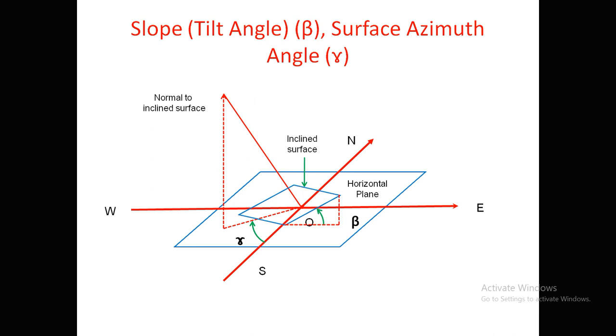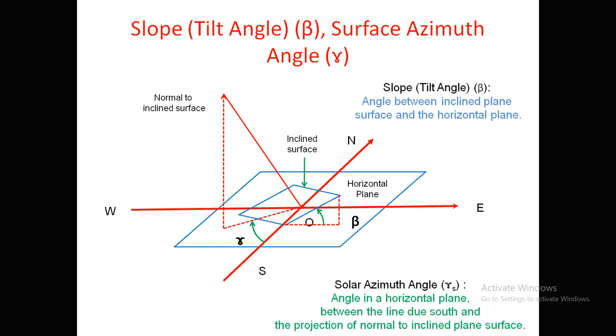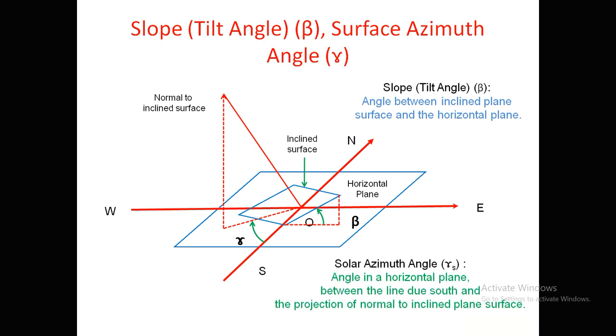Let us formally see the definitions of beta and gamma. Beta is the slope or tilt angle. It is the angle between the inclined plane surface and the horizontal plane. Gamma is the surface azimuth angle. Sorry, there is a mistake on the slide, it says solar azimuth angle, so please change it.